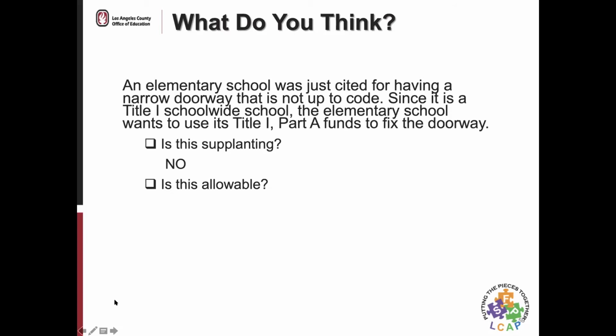Is it allowable? The answer is no, it's not allowable, because this has nothing to do with the Title I program. It's not about your most at-risk students or academic achievement gaps. It's a basic requirement. So even though you could show your methodology, that you still gave them the money they deserve and they're allocated equitably, it's still not an allowable cost.